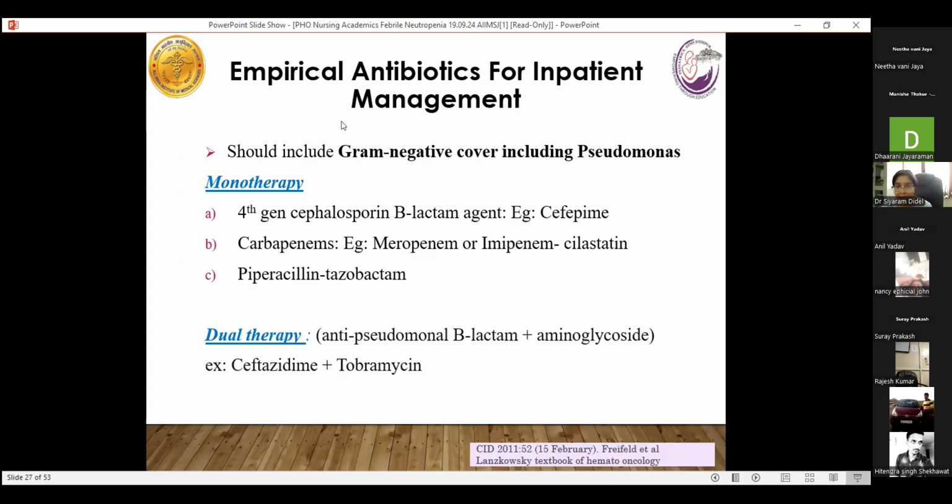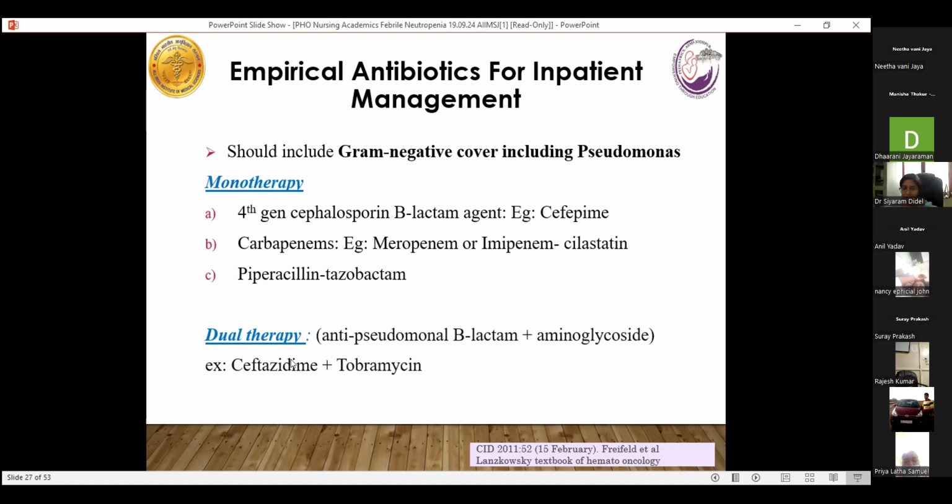Now empirical antibiotics for inpatient management. In inpatient management, of course, we will be giving IV antibiotics. This should include gram-negative coverage, including pseudomonas. There is the option of monotherapy and dual therapy. In monotherapy, there is a 4th-generation cephalosporin beta-lactam agent, for example, cefepime; a carbapenem, for example, meropenem; or piperacillin-tazobactam.